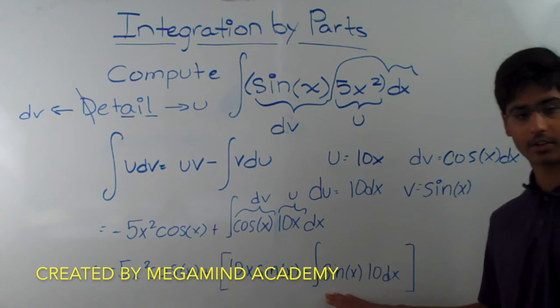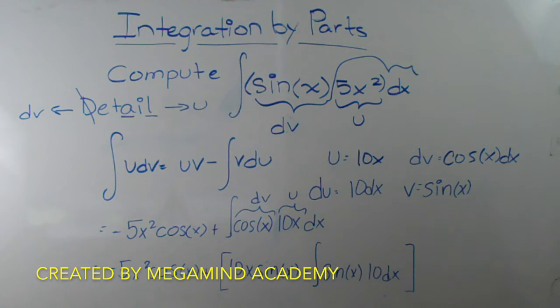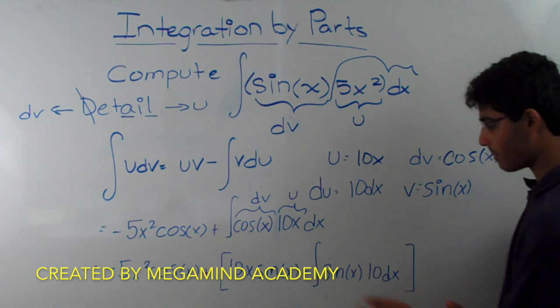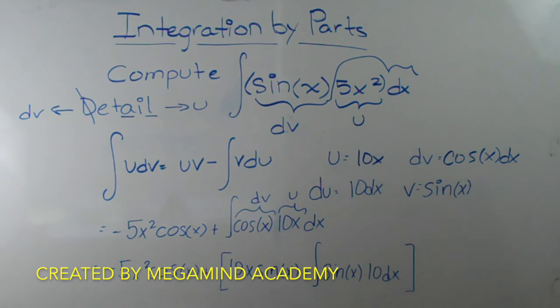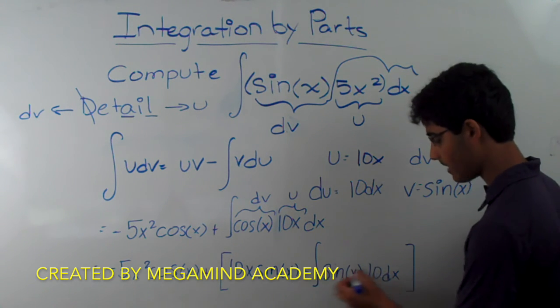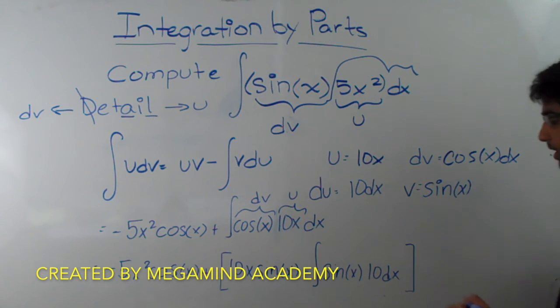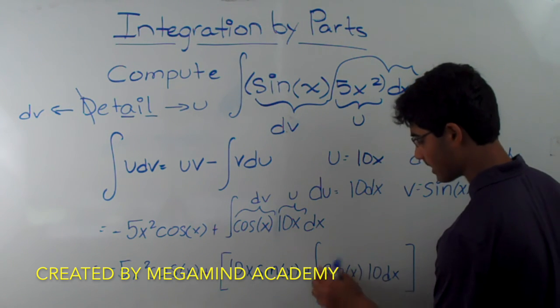So here we just have an integral that we can do by ourselves without doing any sort of method for integration. So we have minus the integral of sine of x times 10 dx. So this would be equal to 10 times negative cosine of x, or negative 10 cosine of x. Now when we subtract negative 10 cosine of x, we're just adding 10 cosine of x.